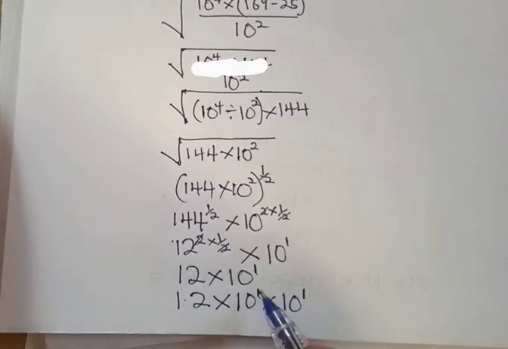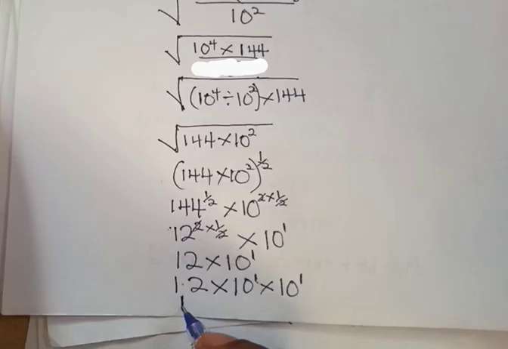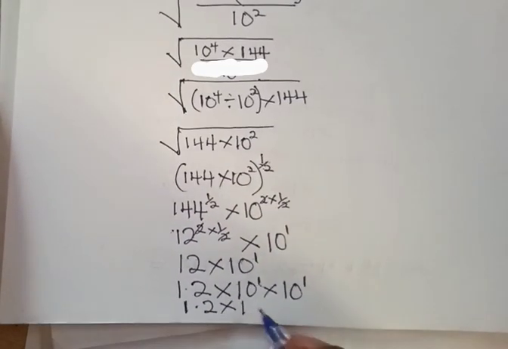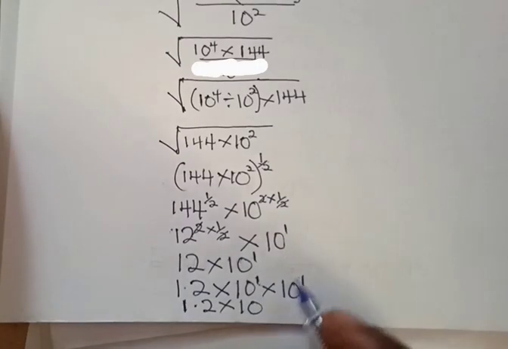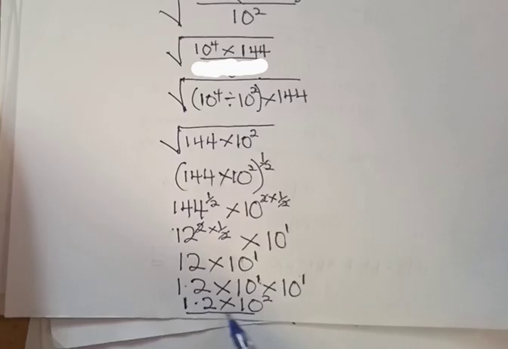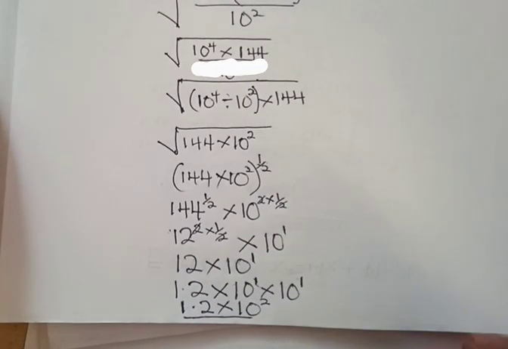So once we have that, our final answer becomes 1.2 times 10 exponent. Since they are the same base, we just add the exponents, and then we get 1.2 times 10 exponent 2. So this answers the whole question.